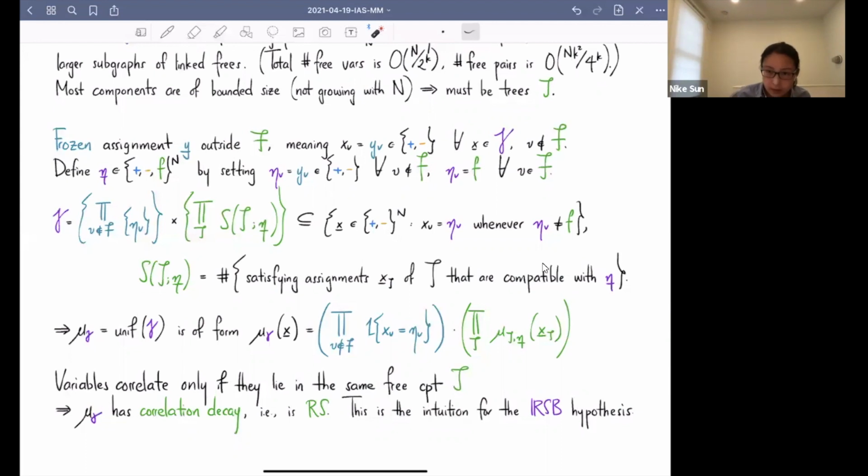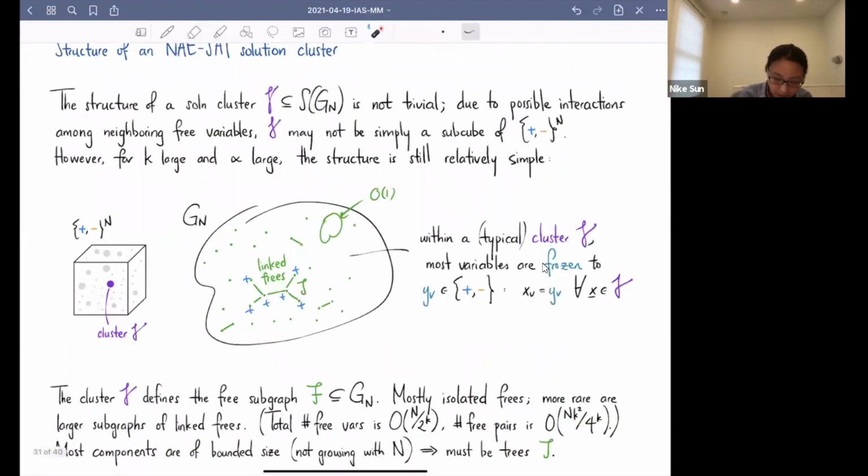And this is the argument for why you can do that, because each of these components has quite a simple form: the only correlation is caused by being in these free subtrees, and it's not much more complicated than that.